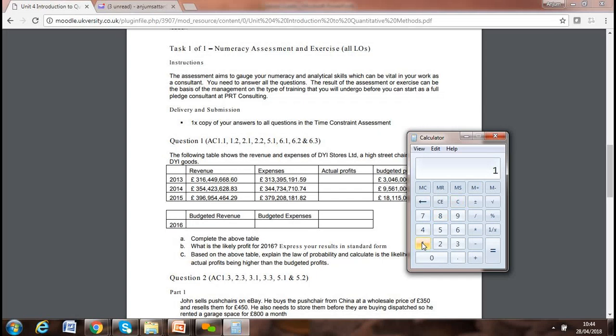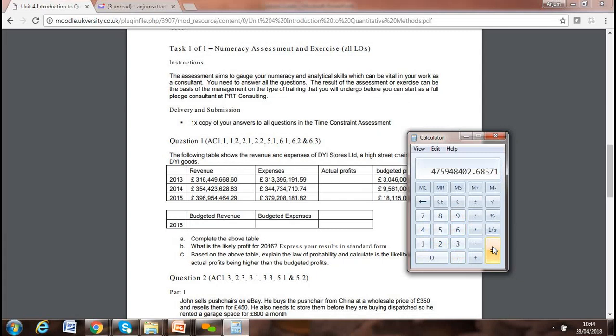My answer came 1.199, with many decimals further. If you want to keep the decimal on your calculator, it's fine. Then you do times by 396,954,464.29. So your figure will come.